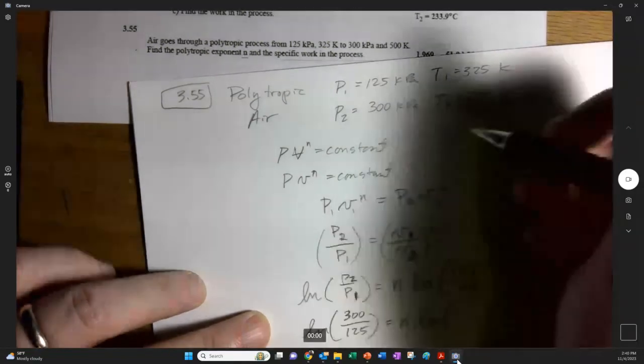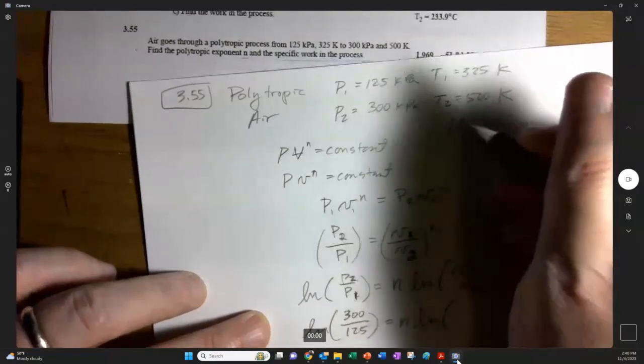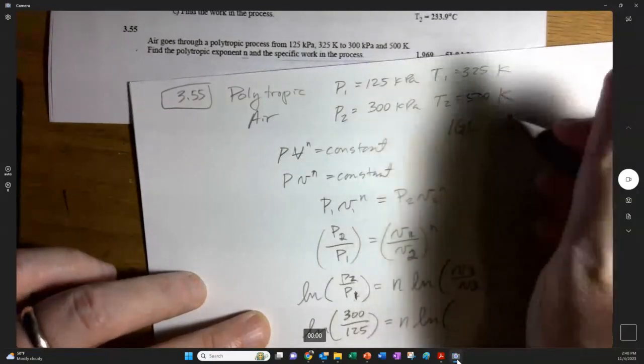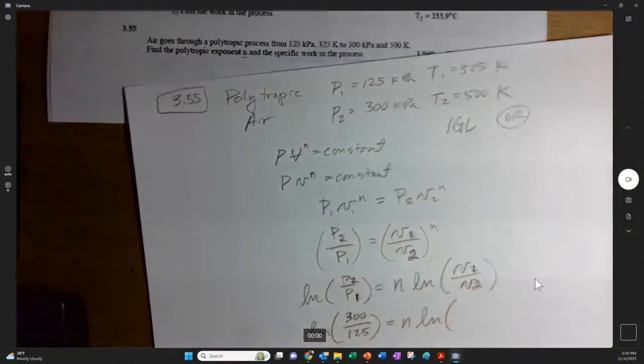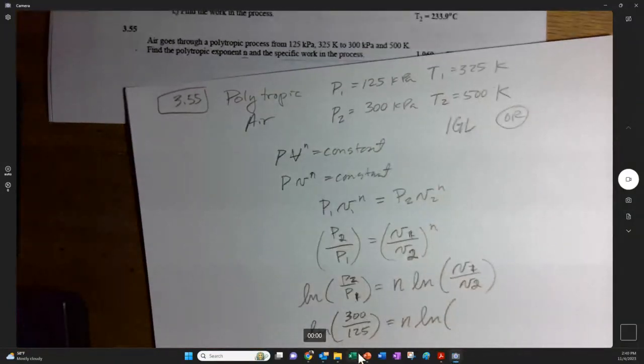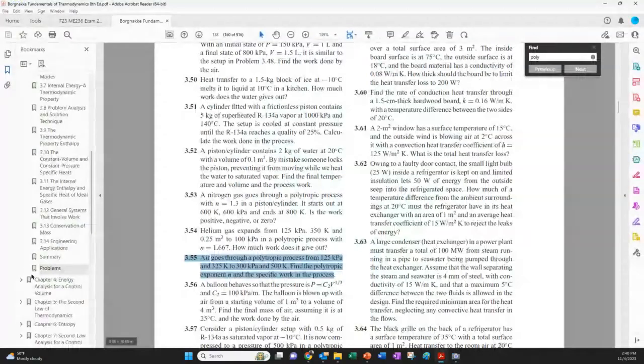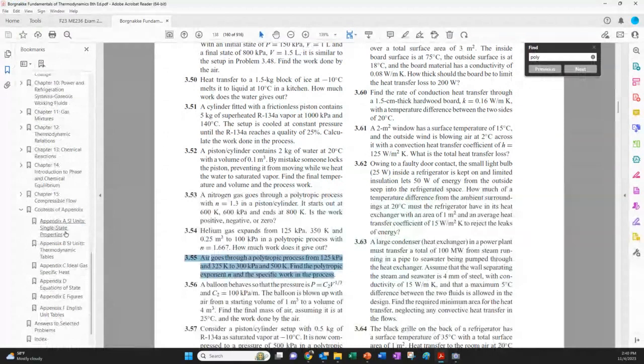Oh, I know what I should have done. Ideal gas law. I think the ideal gas law has to be used, right? Because we can't get the specific volumes from the tables. Let's double check this.